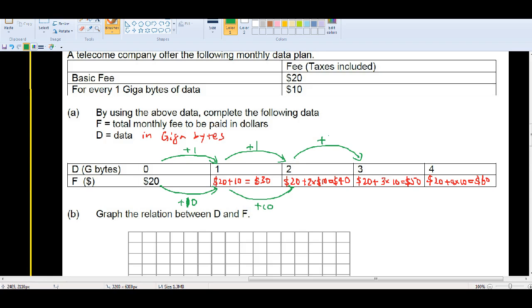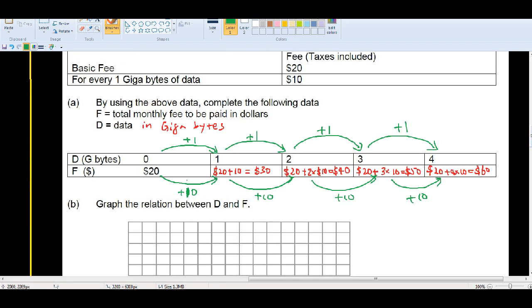From 2 to 3, plus 1 again, plus 10 again. So you see that the change in data and the change in the monthly fee are actually in a constant ratio.